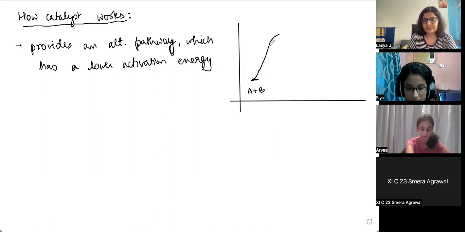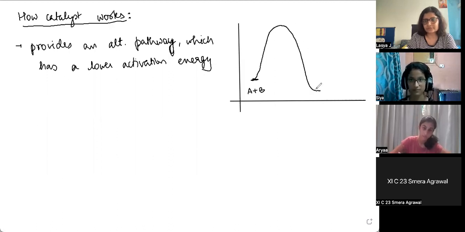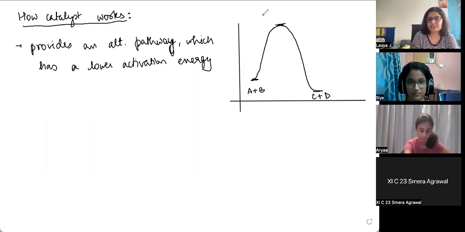So it needs to reach the threshold and then it forms the product. So here you have an unstable intermediate.